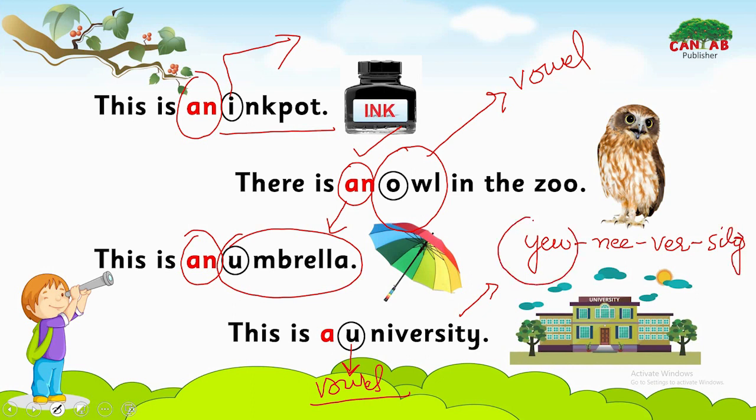Now U is not the sound of a vowel. That is why here it is categorized as a consonant, and a is used in this manner.